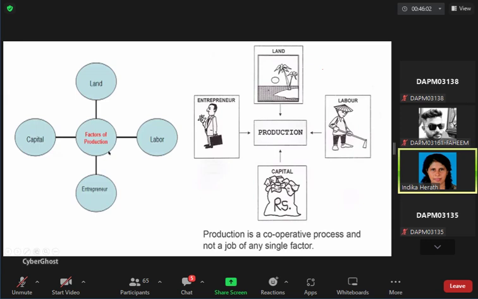So now we know what is agriculture, and then we are going to have a look at the factors that are needed for the agricultural production system. So we need to have land. That's why we talk about land in this course. We need land for agriculture.